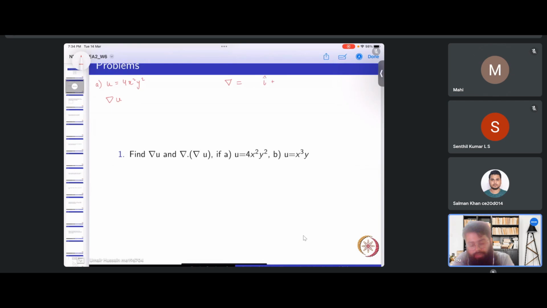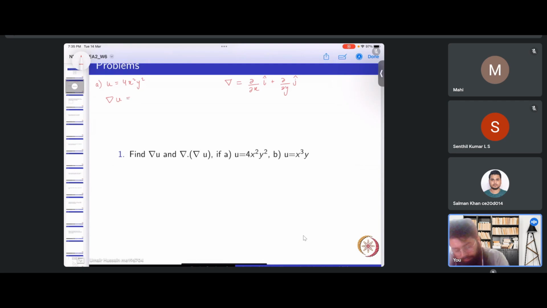What are its i-th component and j-th component? Dou by dou x, dou by dou y. Right, dou by dou x i cap plus dou by dou y j cap. Thank you.